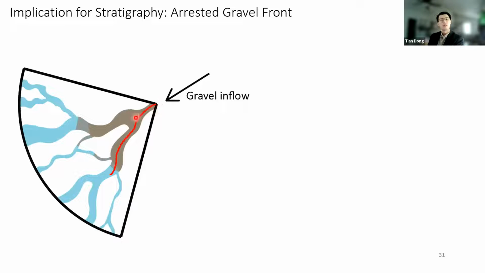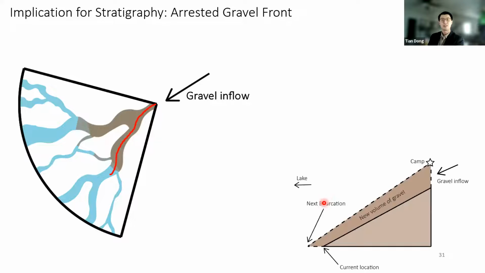If we draw a transect here and look at this in the dip section, shown in this schematic, in order for the gravel to move downstream, you must aggrade the channel bed enough to create a steeper slope to overcome this reduction in shear stress to move downstream.